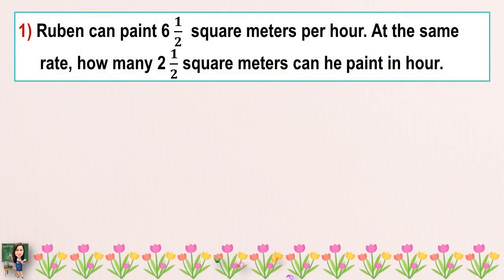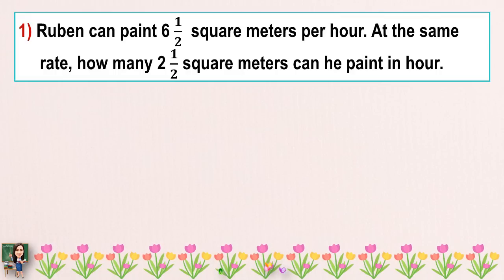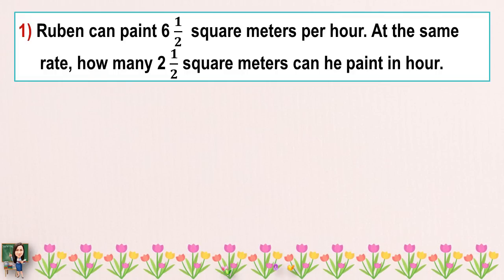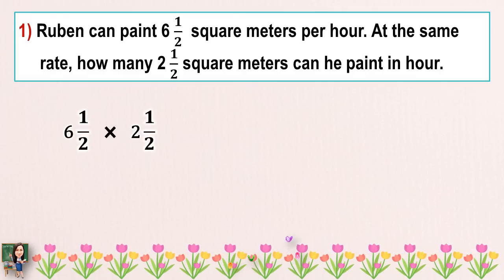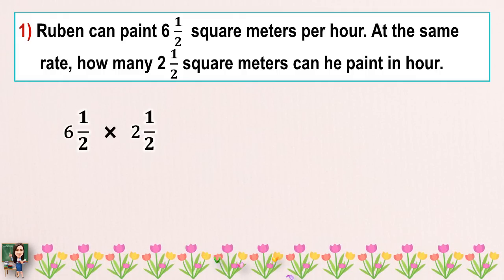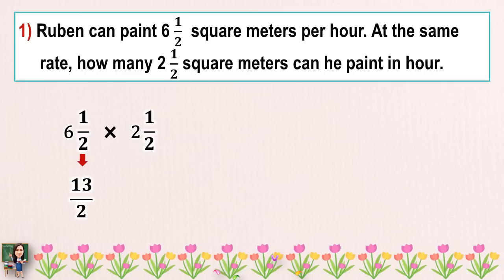Number 1. Ruben can paint 6 1/2 square meters per hour. At the same rate, how many square meters can he paint in 2 1/2 hours? Multiply 6 1/2 times 2 1/2. To multiply, change mixed numbers to improper fractions. 2 times 6 plus 1 equals 13 over 2.